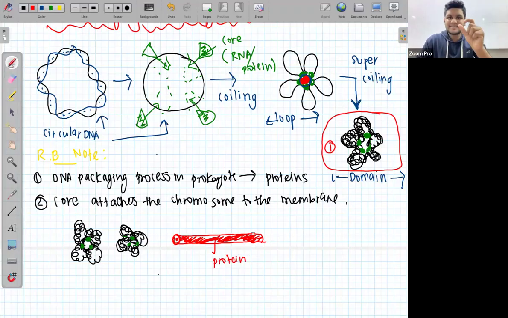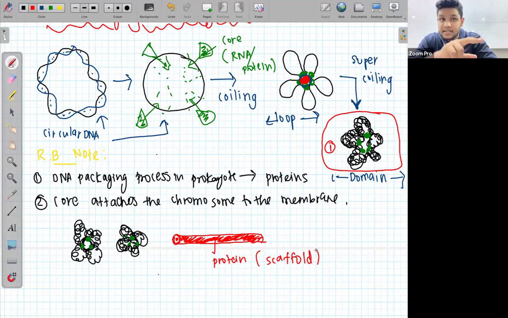If you be more precise, it is called a protein scaffold. You would come across this word further on. But they haven't given this word under DNA packaging in prokaryotes. They have given it under eukaryotes, not under prokaryotes.